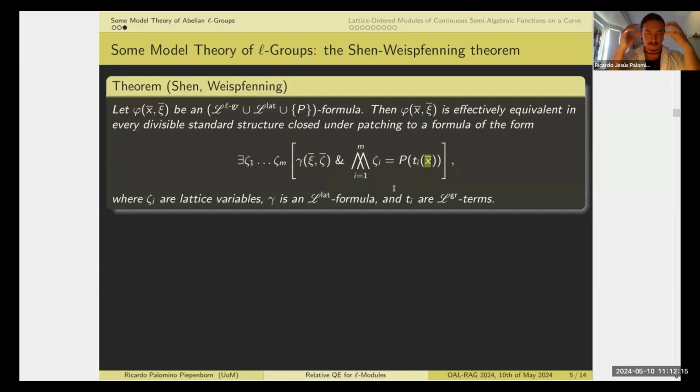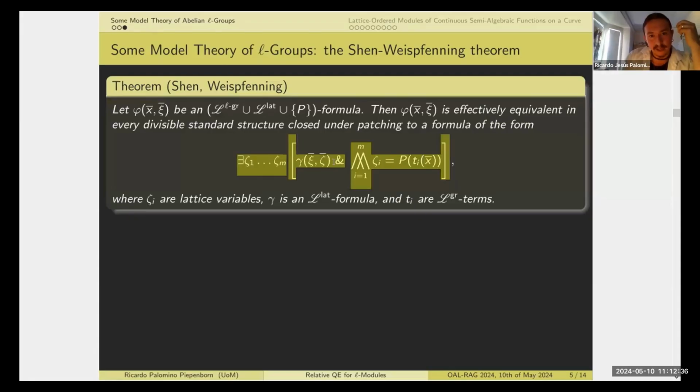Okay, so the moral of the story is that whenever I'm given an abelian L group of functions which is divisible and closed under patching, in such a group of functions, I can translate every first order property of the L group into a property of this form.